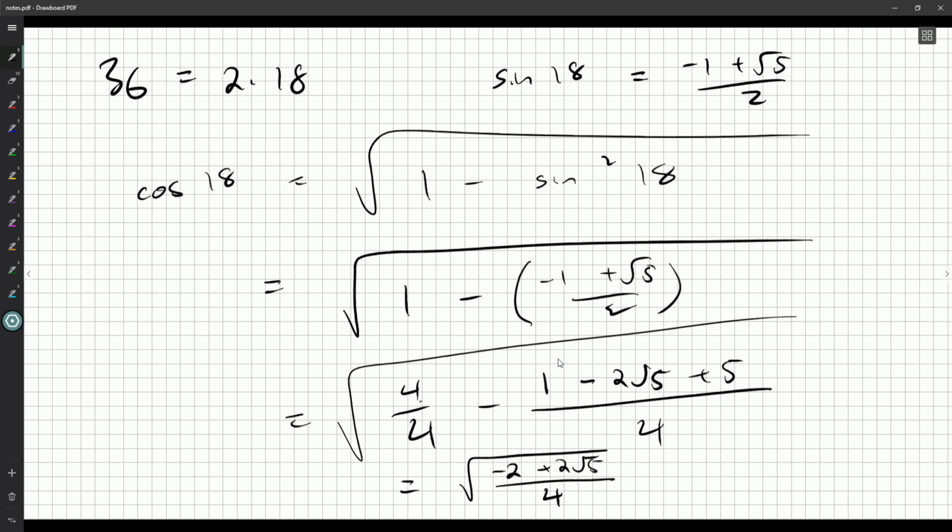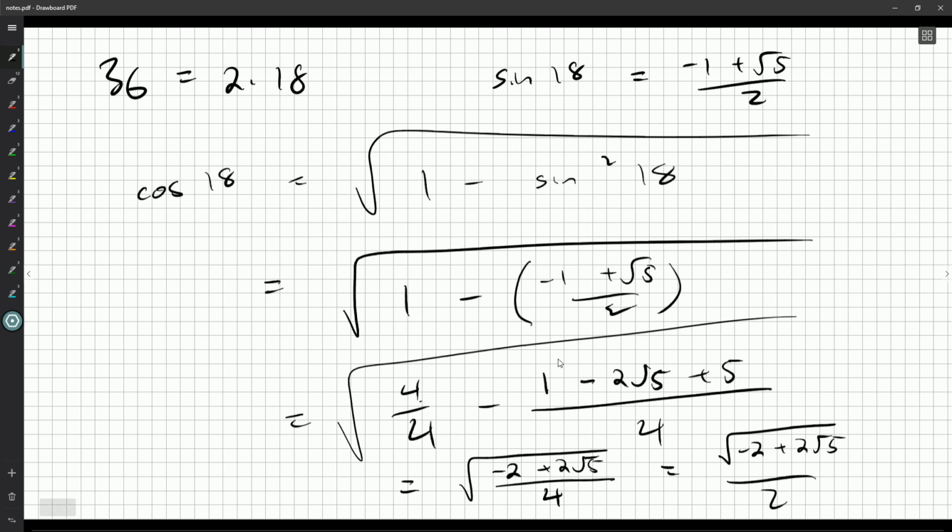Oh, that is supremely unhelpful because I need to know the square root of that. Or do I? I think we might be able to... Nah. I know that's got to be over 2. But I don't know the square root of this expression off the top of my head.